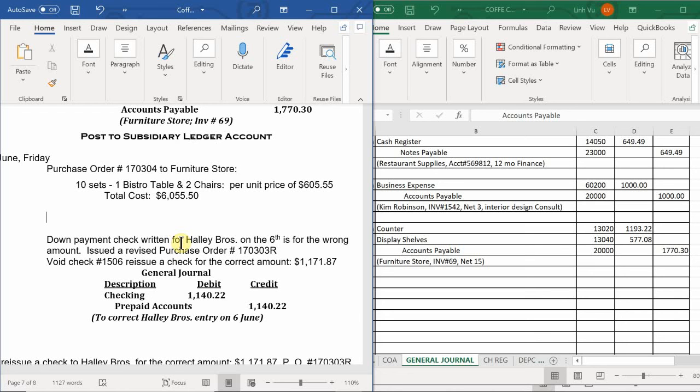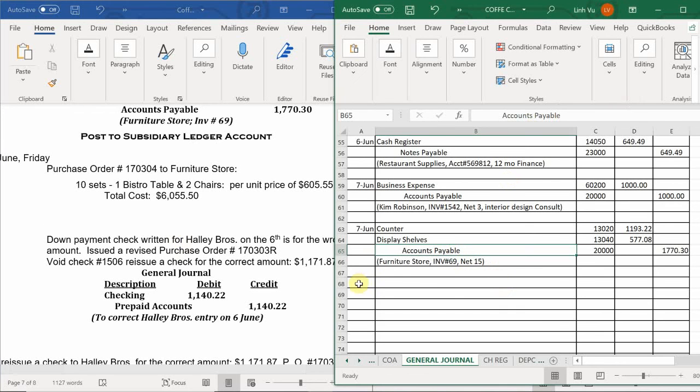Okay? So first things first, how do I correct this error in my journal using the reverse and re-entry? You have to debit checking and credit prepaid. Yes, good. Essentially, we need to put the money back into our checking account, or in this case, void the check.